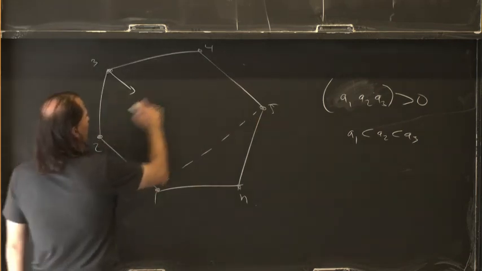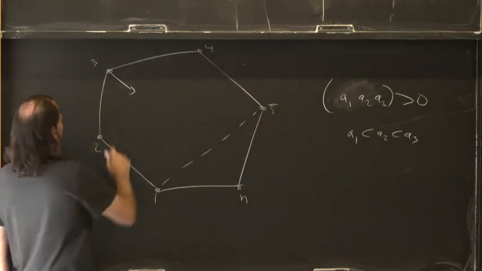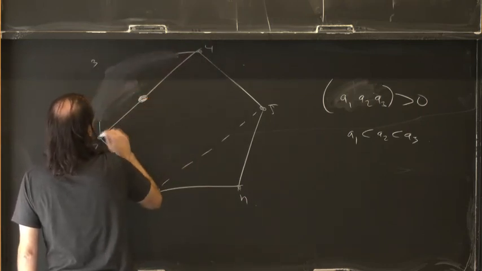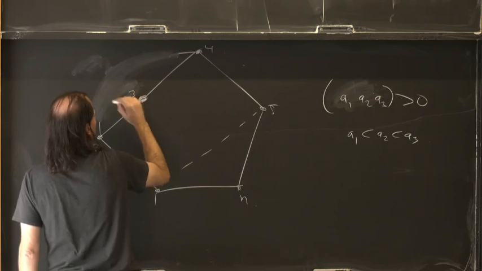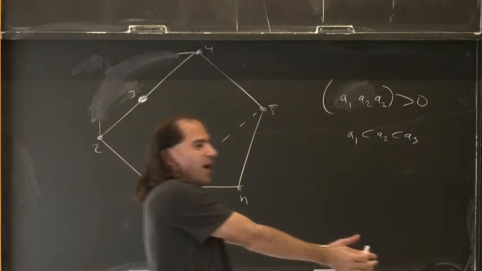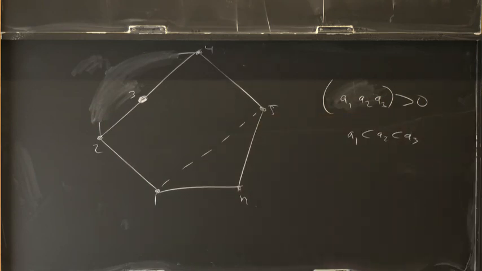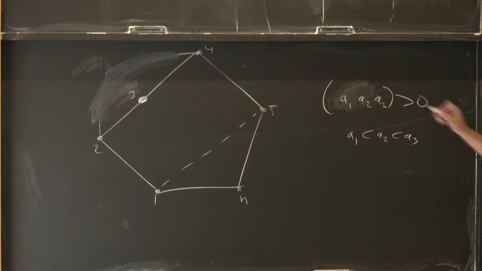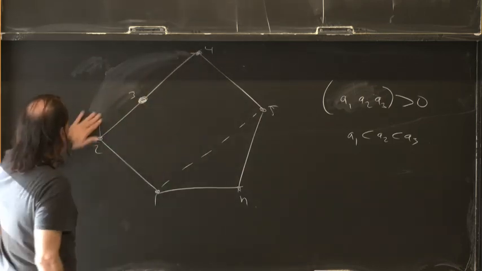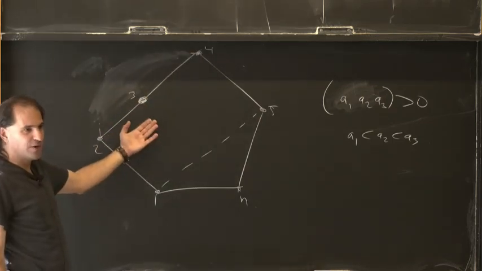But oops, before I get there, I hit this configuration where 2, 3, 4 is 0. Okay, so I can't set 1, 3, 5 to 0 without sending something else to 0, right? And that something else involves the consecutive columns. Okay, so this is what all the codimension 1 boundaries look like.